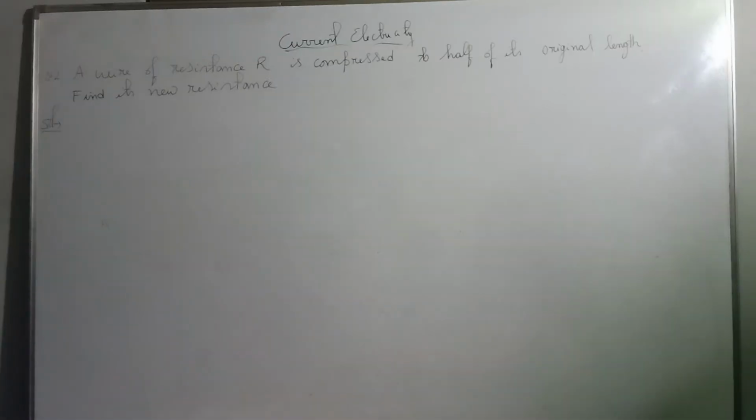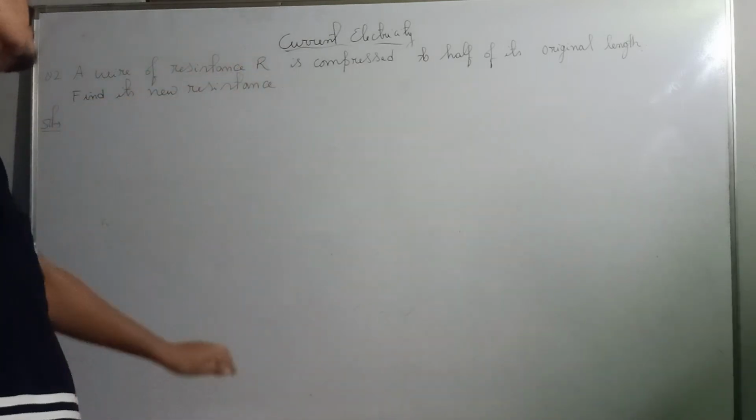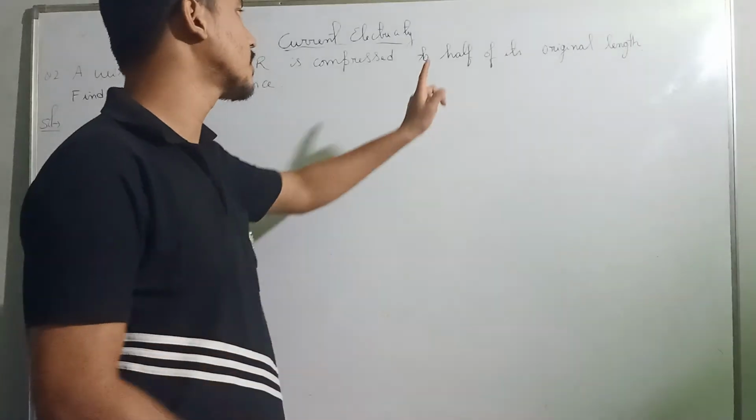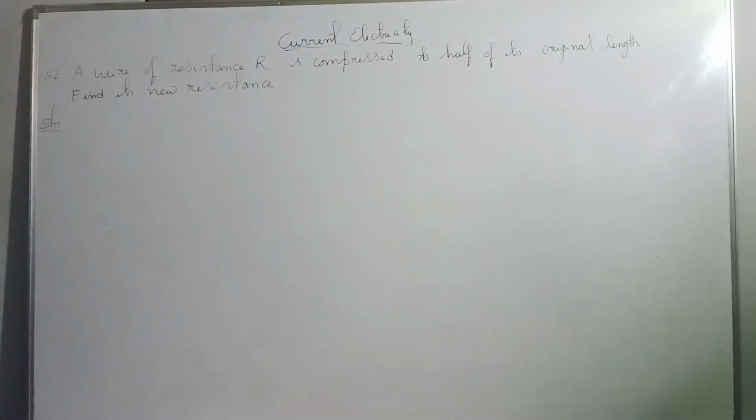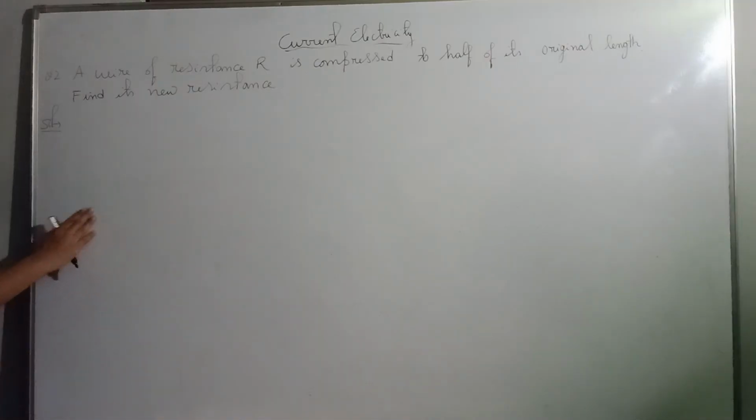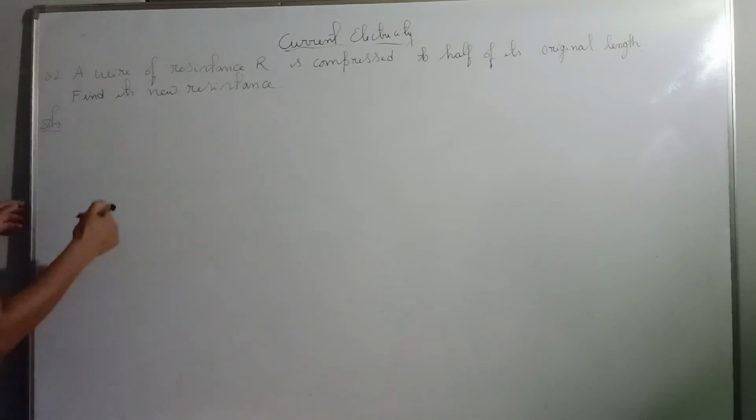So question number 2. A wire of resistance R is compressed to half of its original length. Find its new resistance. This is a question opposite to the first one.